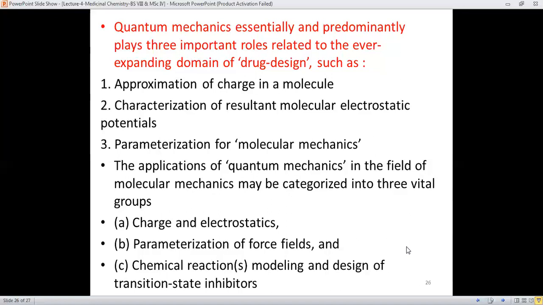Therefore, all these applications of quantum mechanics in molecular mechanics are very important. It deals with the charges, the distribution of charges, electrostatics, the force field, and chemical reaction modeling, how it occurs.